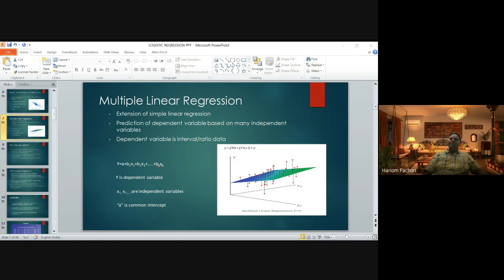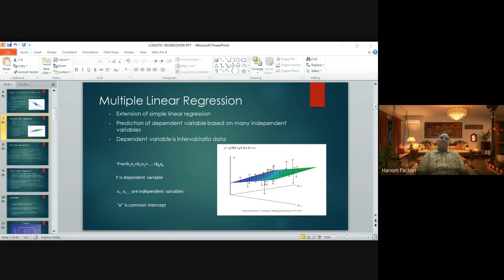This is one of the common mistakes: people generally code gender, male and female, as 1 and 2, and try to perform logistic regression. If you want to perform logistic regression with gender, then you need to dummy code your gender as 0 and 1, and 0 will be your reference category. Accordingly, you will perform your calculation with logistic regression.